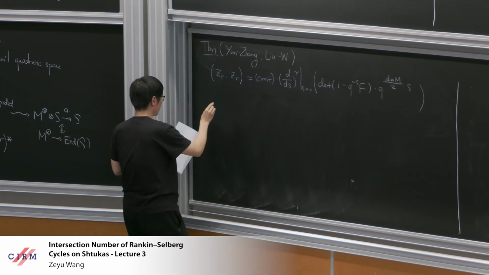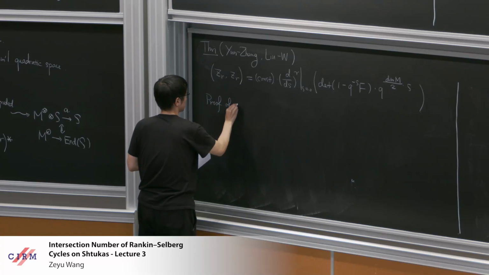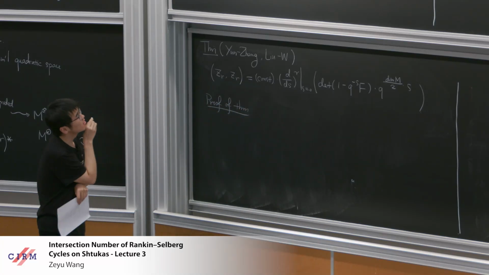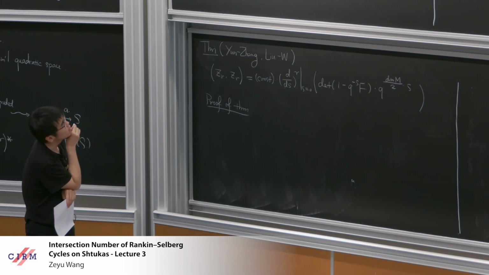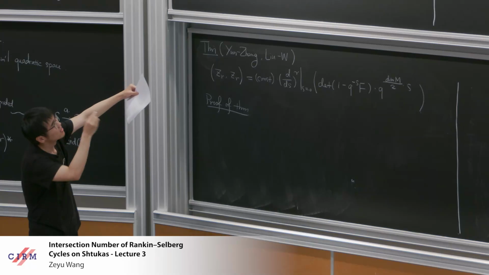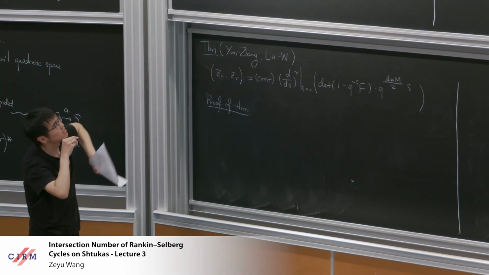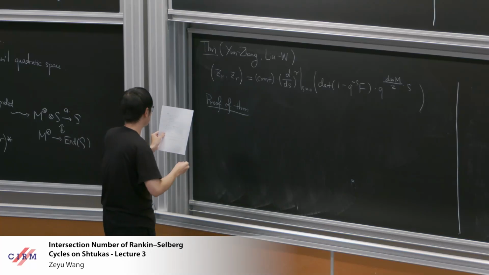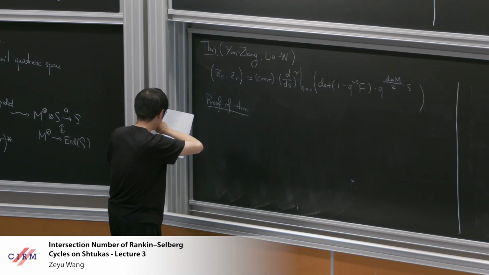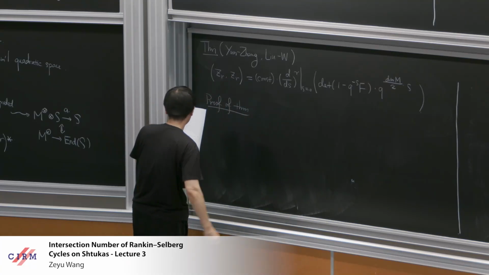Although it's linear algebra, for me it really explains why you consider this intersection of special cycles. You can get a higher derivative of the L function. That's something very mysterious, but that's explained by this linear algebra theorem.